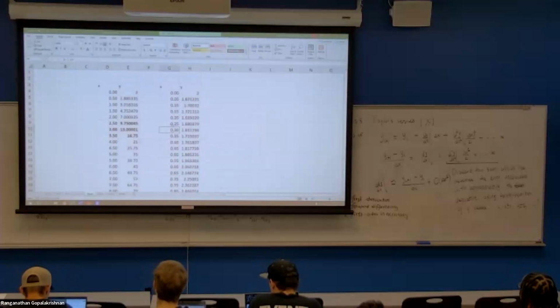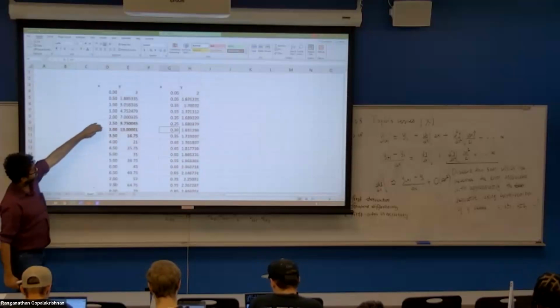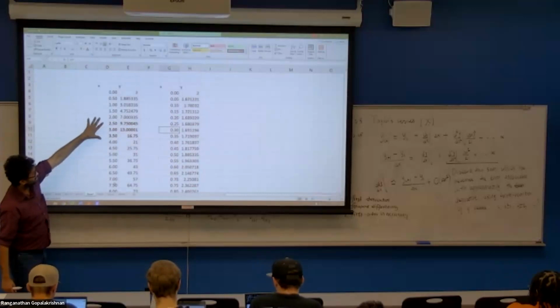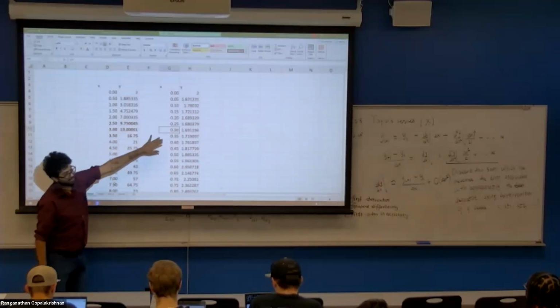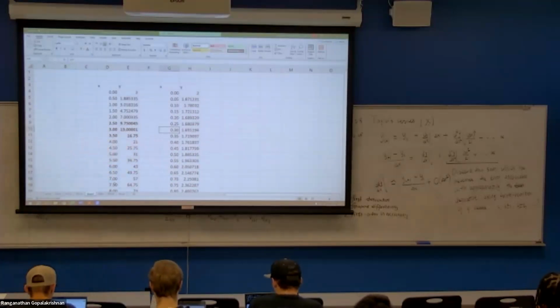I want you to calculate the value of the first derivative using a central difference approximation at x equals 3, using the first set of data and then the second set of data. We'll also do this for second and third order derivatives, and there is a point to make there. So start with the first derivative.